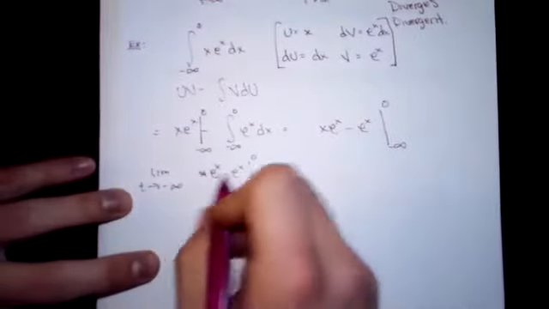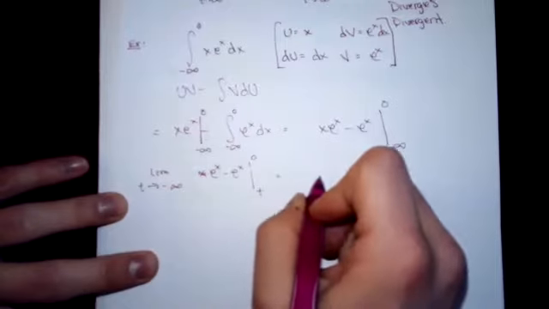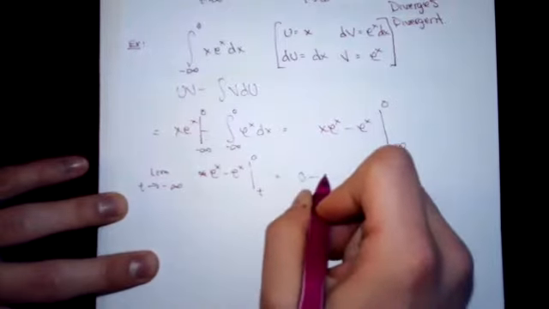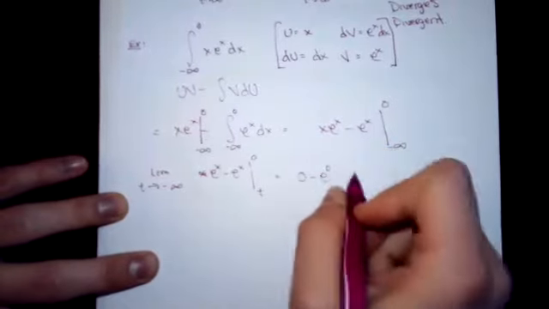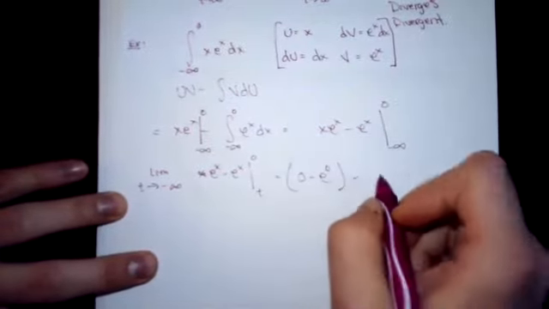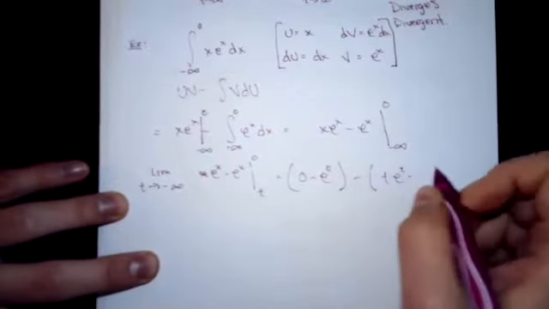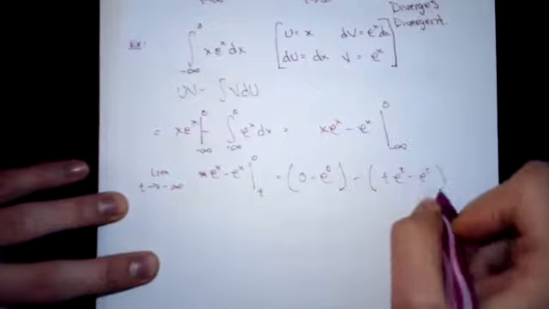We go ahead and plug in the values. So plugging in 0, it's going to kill that first term. We will have 0 minus e to the 0, which is just 1. Minus, when I plug in t, we will get t e to the t minus e to the t.